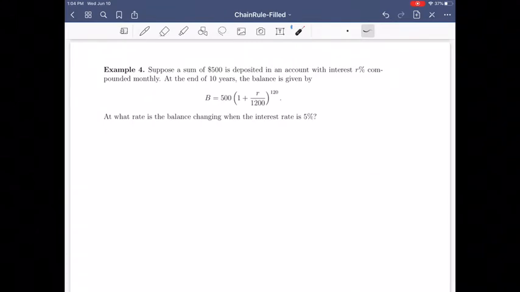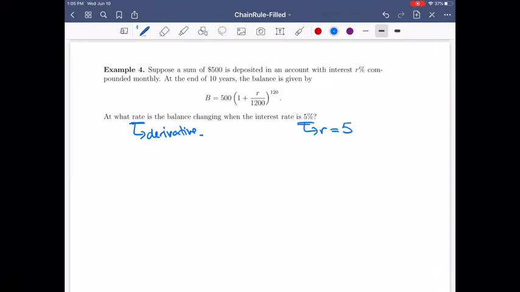So what we want to know is at what rate is the balance changing when we have R as 5%. If we're talking about a rate of change, remember that this is a derivative. It's not over an interval, it's at R equals 5, so it's at a specific point.